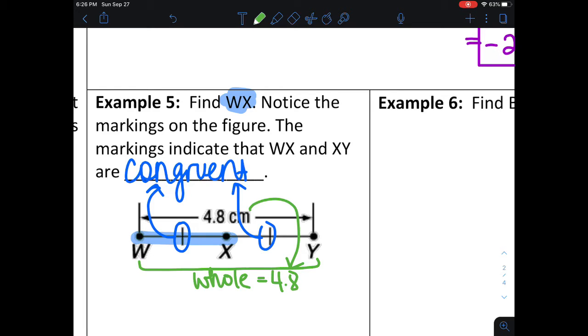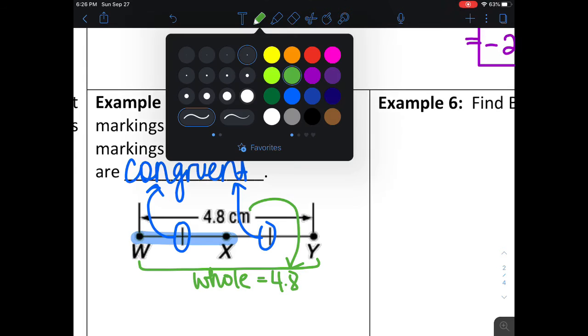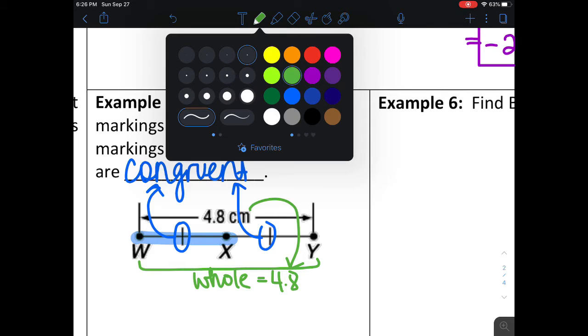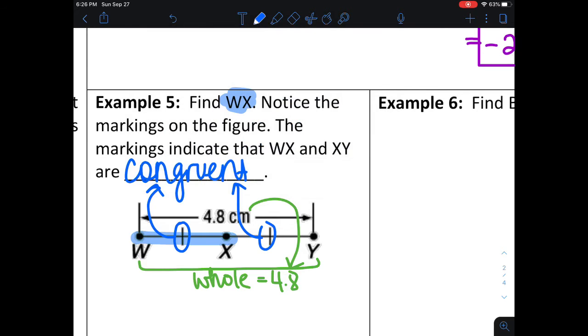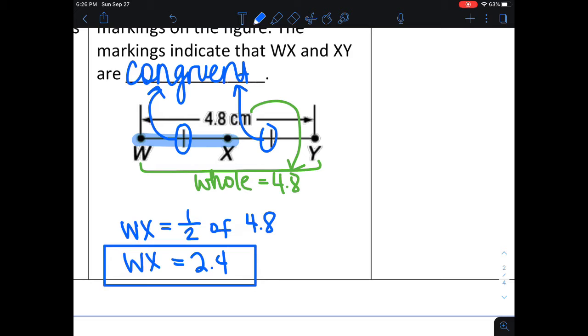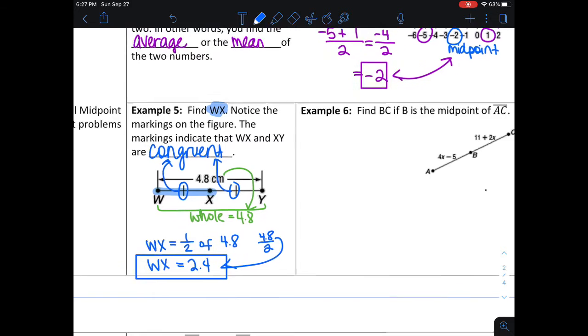Since those two are equal, you need to understand that WX is half. If both sides of this are equal, that means that X is in the middle, which means WX is half of WY. That will make our job very simple. To find WX, we just need to take half of 4.8. So 4.8 divided by 2 is just 2.4. Again, 4.8 divided by 2, and that's how we got that.